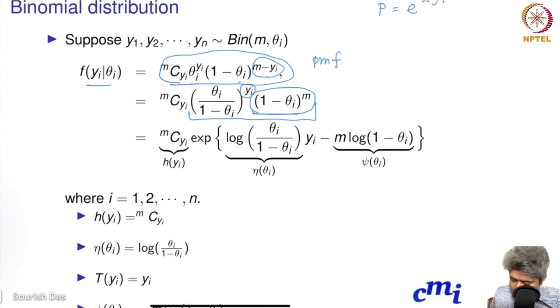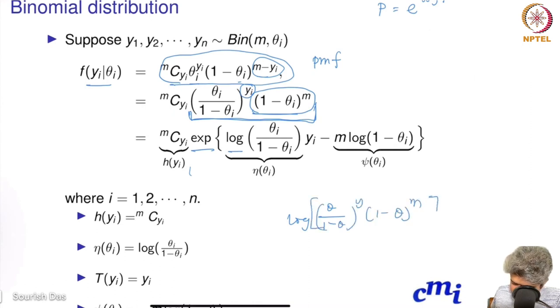So I can write this as e to the power of the log of the entire thing: y times log of theta over 1 minus theta, plus m times log of 1 minus theta.